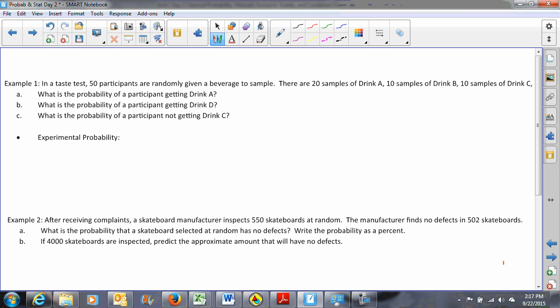Well, the probability of getting drink A would be the number of drinks of A, that's 20, over the number of drinks, 50, and that would reduce to 2/5. So the probability of getting drink A would be 2/5.